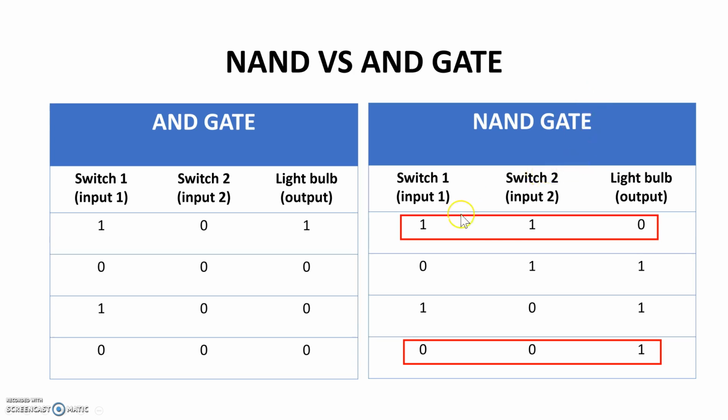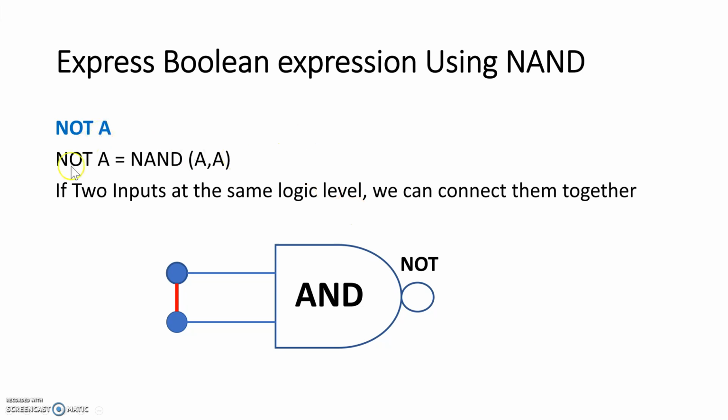So when both switches are 1, we can combine them into 1. When both switches are 0, we can combine them into 0. So that is connect 1, 0, 0, 1. So the output is inverted. Just look at the property of the NOT gate. A single NAND can perform the same operation as the NOT gate.